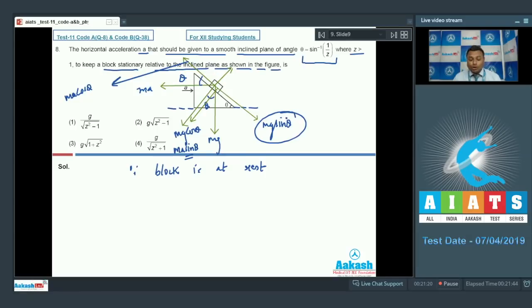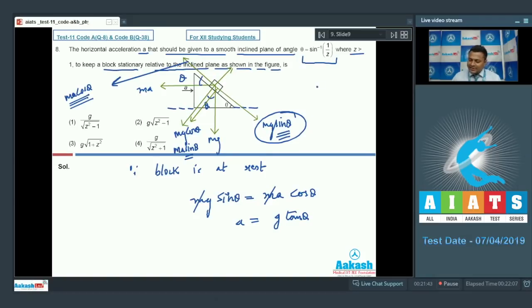Block is at rest means it is not moving. It means mg sin theta will be balanced by this ma cos theta. So mg sin theta is balanced by ma cos theta. Cancel out. We got the value of a, that is g tan theta.